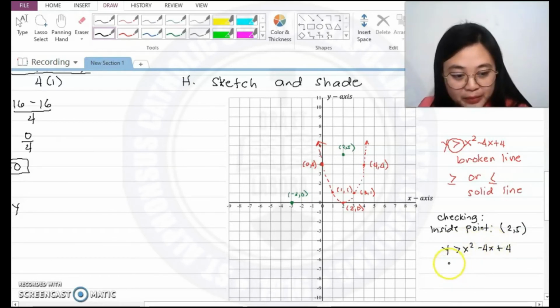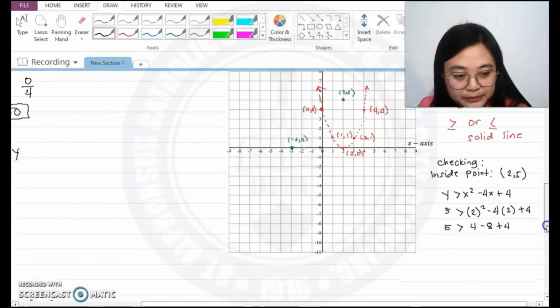So substitute: 5 greater than 2 squared minus 4 times 2 plus 4. So it will become 5 greater than 4 minus 8 plus 4. And 5 greater than 4 minus 8, that's negative 4 plus 4. And 5 greater than 0, which is true.